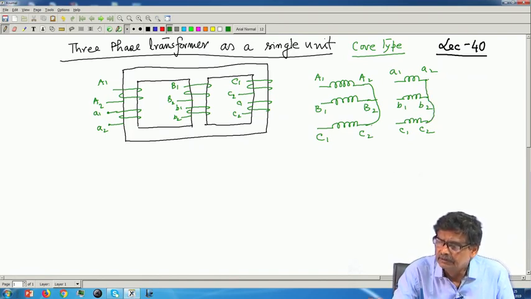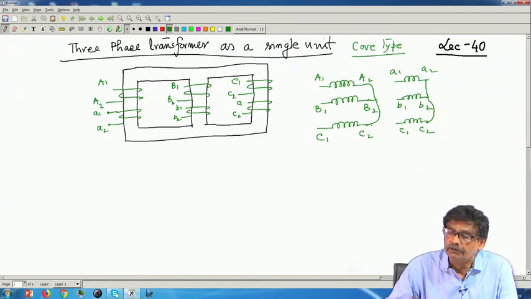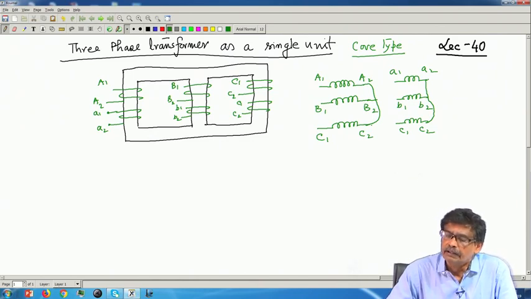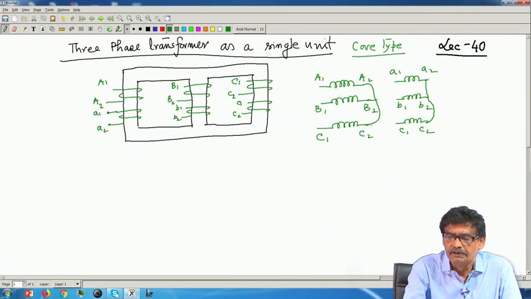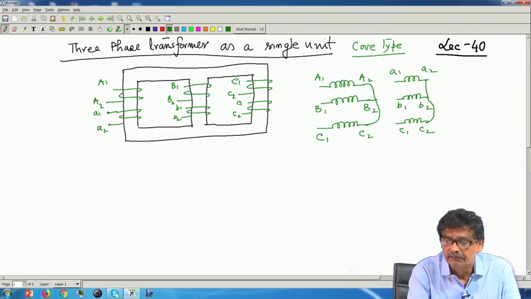So, this will perhaps give me a Y-y0 connection, but the point I want to tell you is that with the secondary open circuited and primary energized, the reluctance of the flux path of phi A and phi B will be different, because the flux phi A will get divided like this into two parallel paths, sorry, phi A.